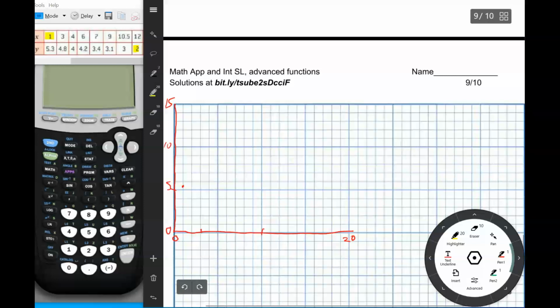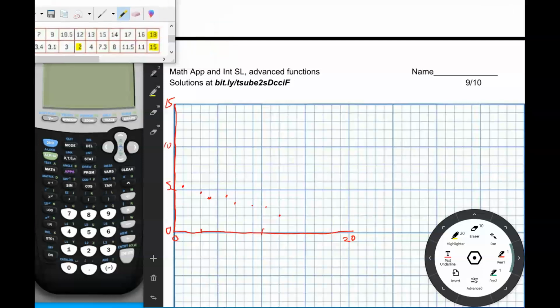Here's 3. 4.8 would be slightly below 5. 4, 4 would be exactly there. 6, 4.2 would be slightly above 4. 7, 3.4 would be slightly above 3. 9, 3.1 would be slightly above 3. 10.5, 3 would be right there. 12, 2 would be right there.